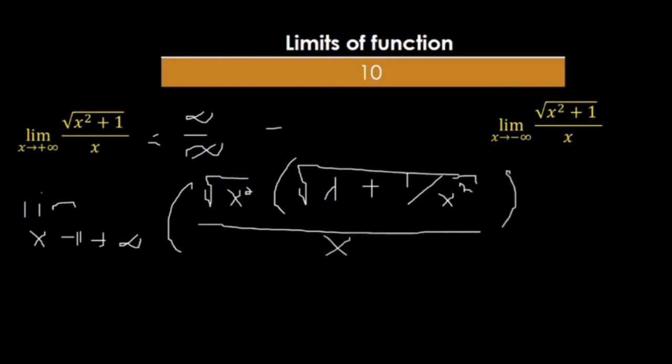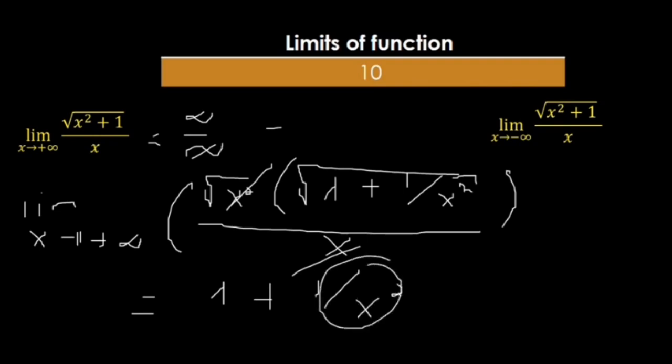And x is positive, meaning the magnitude is positive. That is x, and this x will cancel out. We are going to be left with the square root of 1 plus 1 all over x squared. This tends to 0. The answer will be equal to 1.